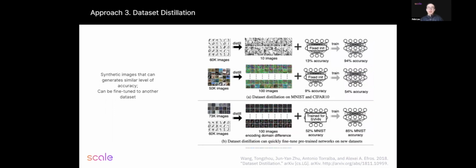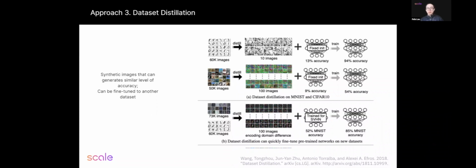I want to talk about another related approach, which is called dataset distillation. Unlike the previous approaches, where there are real data points in the condensed dataset, dataset distillation synthesizes a small number of data points which do not need to come from the original distribution. And when you train a model on these synthetic examples, the model can still perform approximately the same as on the original data.